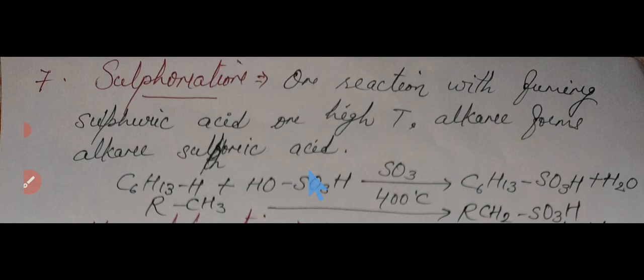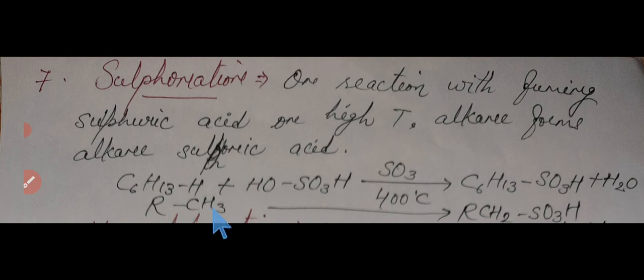So C6H14 reacts with a mixture of H2SO4 and SO3 at temperature 400 degrees Celsius, C6H13SO3H, or we can say hexane sulfonic acid, has been produced here.